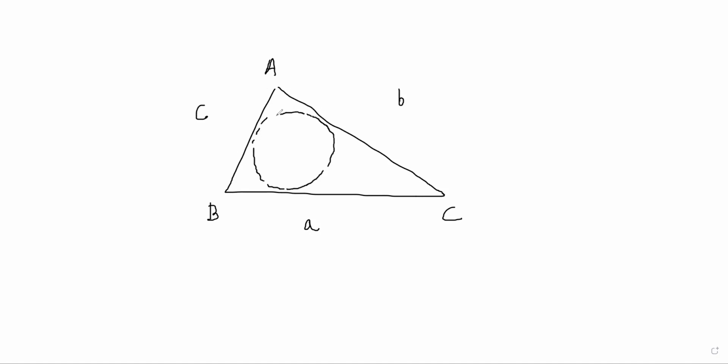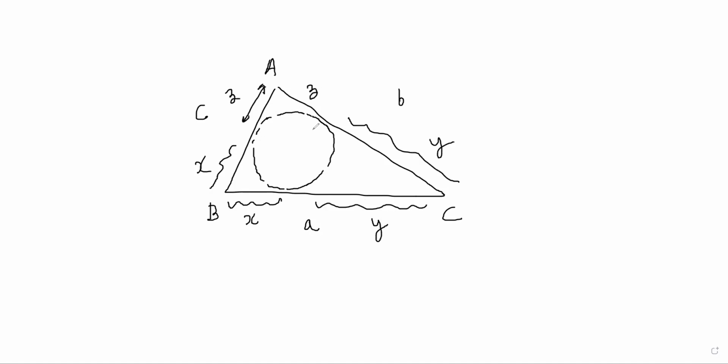So if you have a triangle ABC, and we have this side is A, this side is B, this side is C, and we have an incircle like this, we can always say that this distance is x, this distance is x, and this distance is y, and this distance is y, and these two tangent lengths are z and z, right?